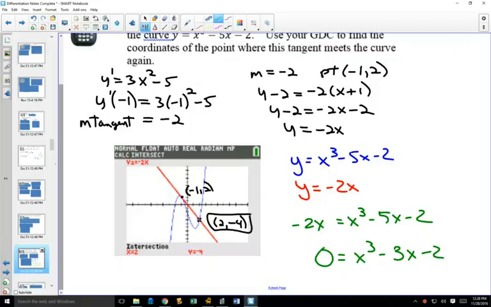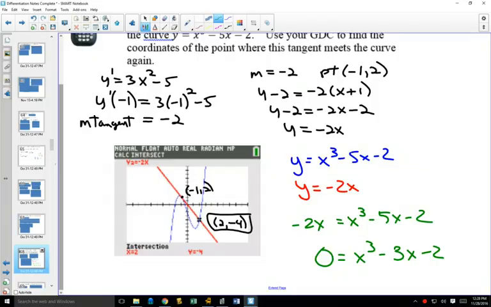How do you factor something like this? You have to use your factor theorem and your remainder theorem. Now, normally that could take some time because you had to look at the last number and say, plug in 1, plug in -1, plug in 2, plug in -2.